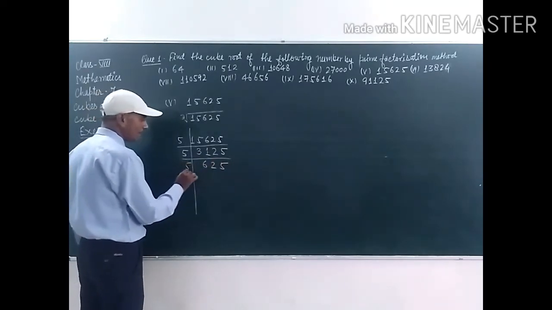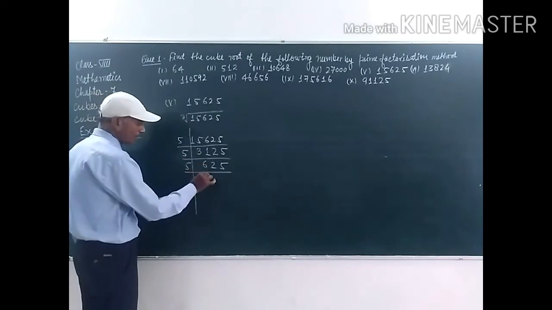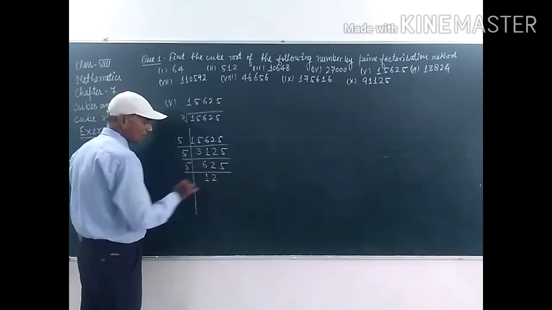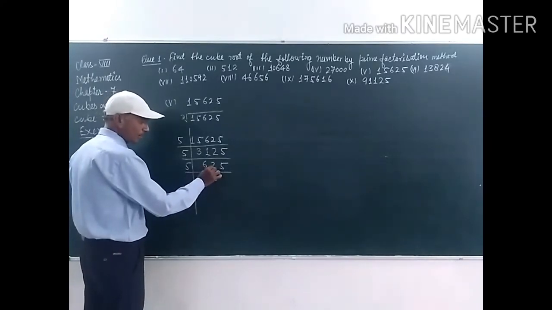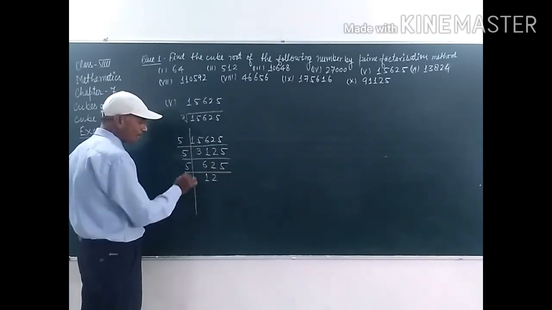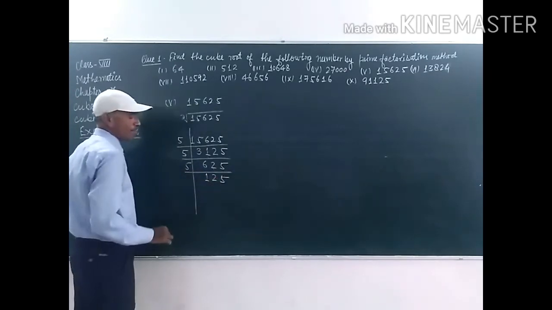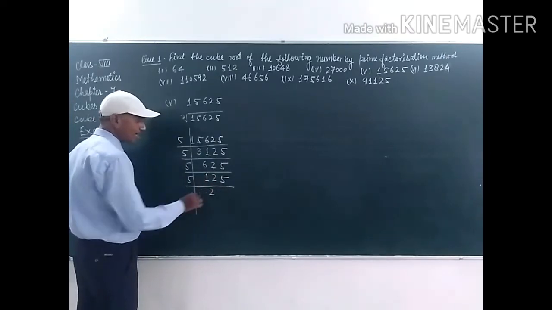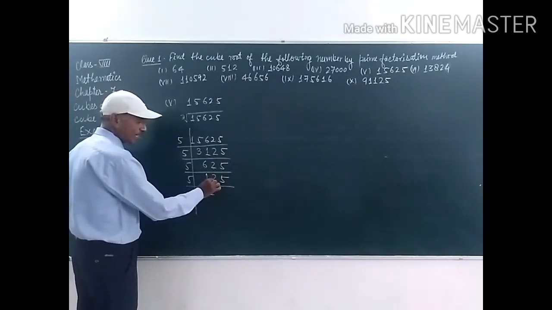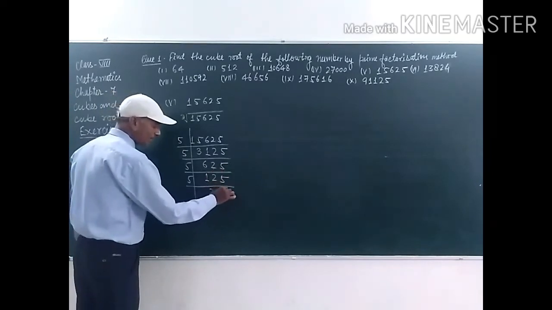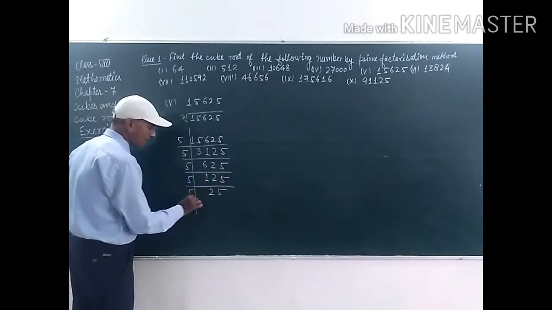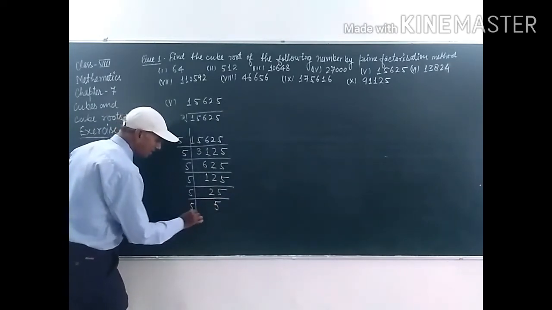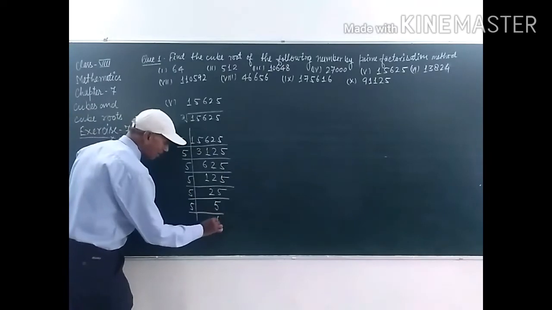Again by 5, 5 1 ja 5, 1 and 2 12, 5 2 ja 10, remainder 2, 2 and 5 that is 25, so 5 5 ja 25. Again by 5, 5 2 ja 10 and 2 is remain here, so it is 25, 5 5 ja 25. Again by 5, it is 5 5 ja 25 and this one 5 1 ja 5.